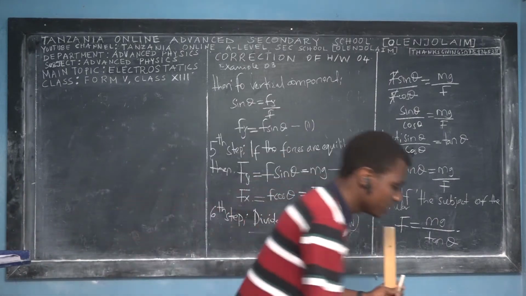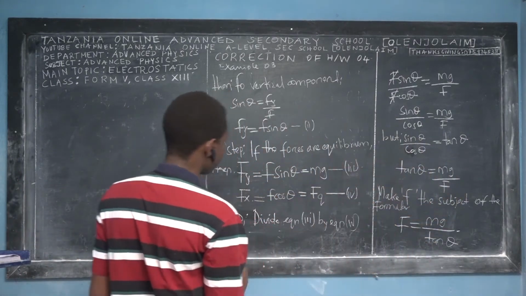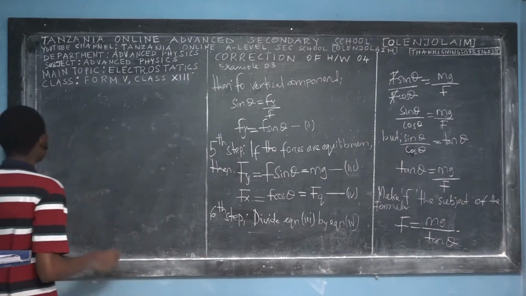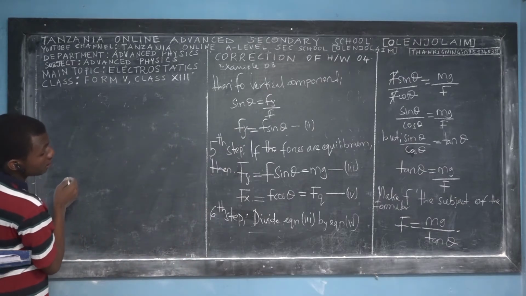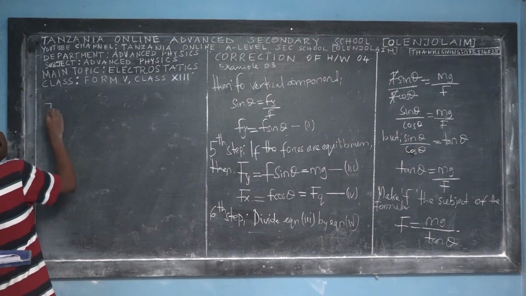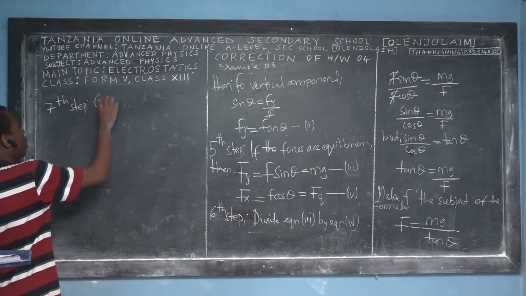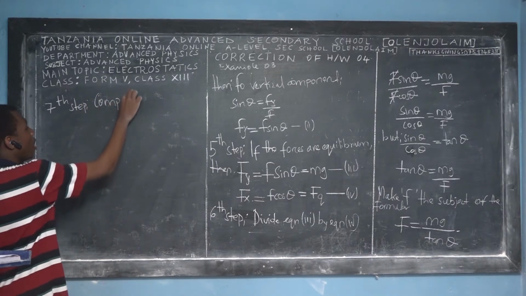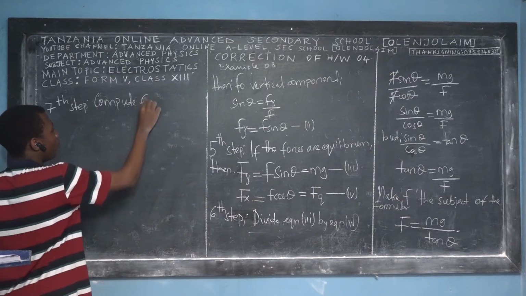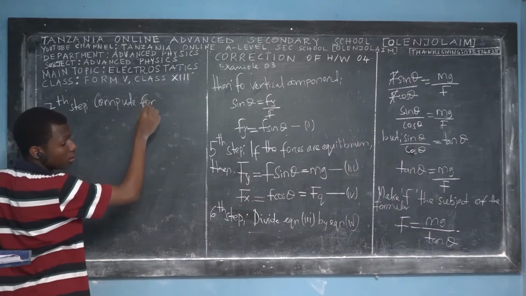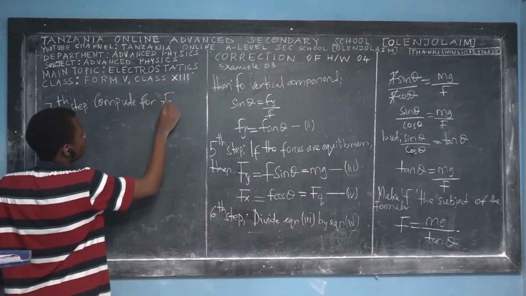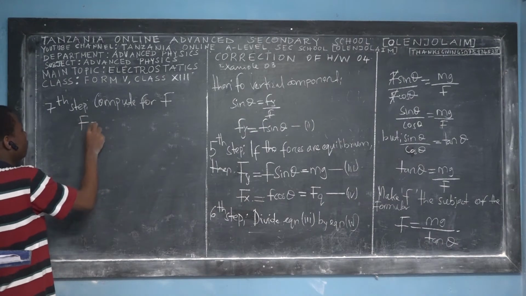Physics is sweet, physics is wonderful. You have to compute, seventh step, compute for F. F is equal to mg over tan theta.